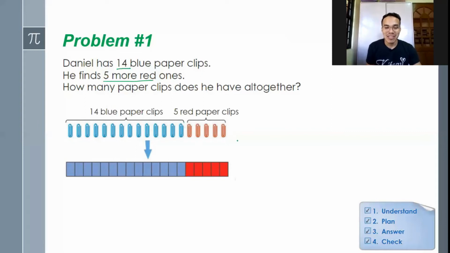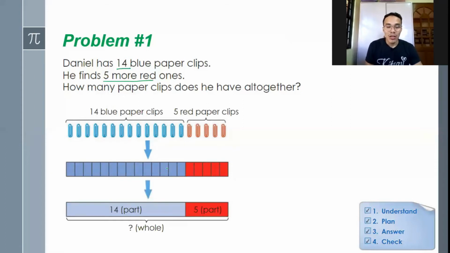What about if there are hundreds of paper clips? Are you willing to draw hundreds of bars here? I think it's no longer practical. In this case, it's advisable for you to just draw your model in this manner.